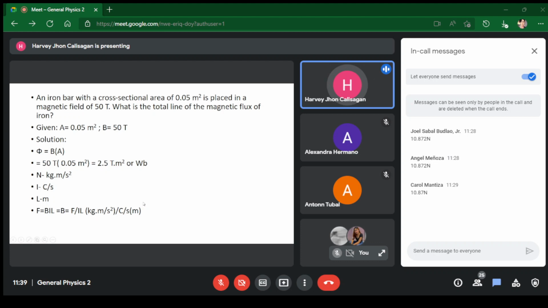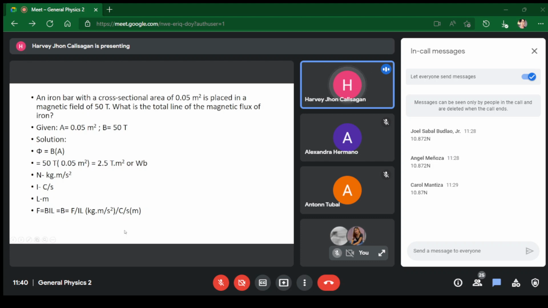Let's remove the meter on this one, the B. Okay? So we cancel out the meter because we need to stick to the Tesla. So let's remove the meter here.